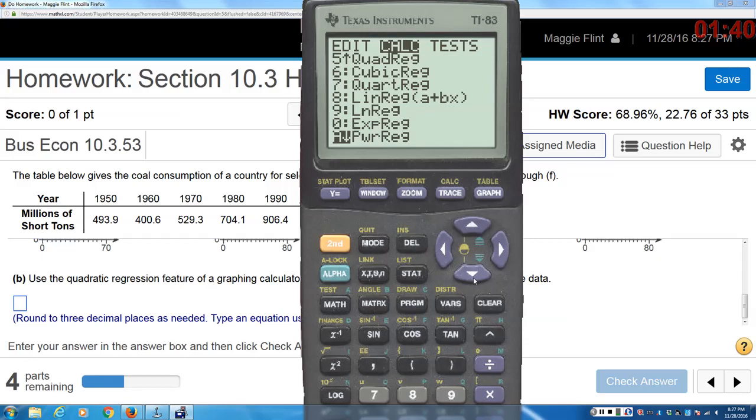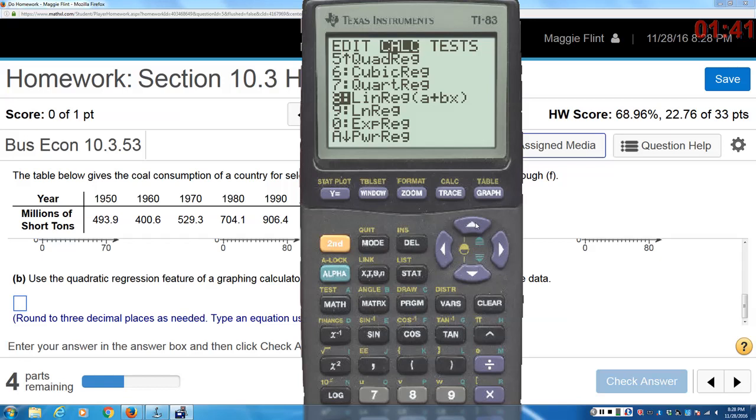Power regression is polynomial regression. We probably won't use it, but I just wanted to tell you what it was. Power regression is the one where the powers can be even or odd, either one, and you just let it pick which one fits the best. Statisticians and mathematicians don't use power regression much because honestly, you can fit a power regression equation to anything, and it'll fit better than anything else, but that doesn't mean you ought to be using it.